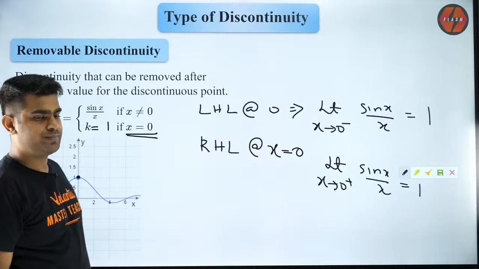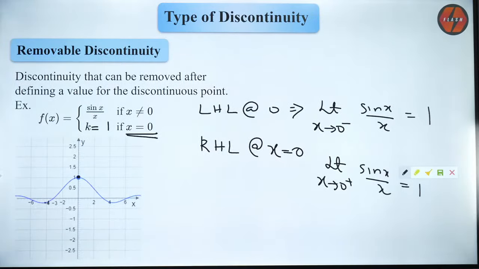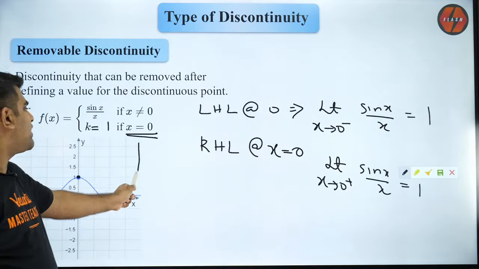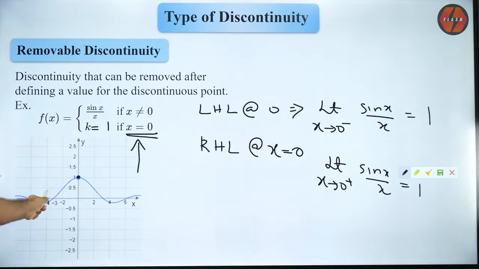Don't you guys agree? So that is why this is called removable discontinuity. By changing the functional value at 0, I was able to make it continuous.